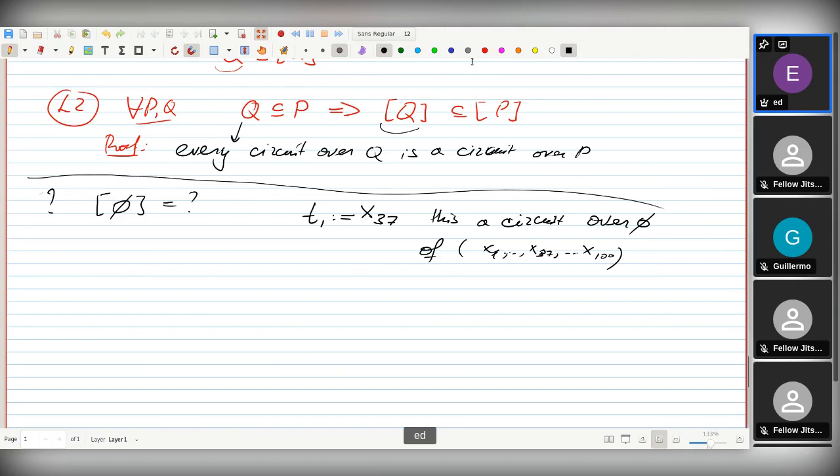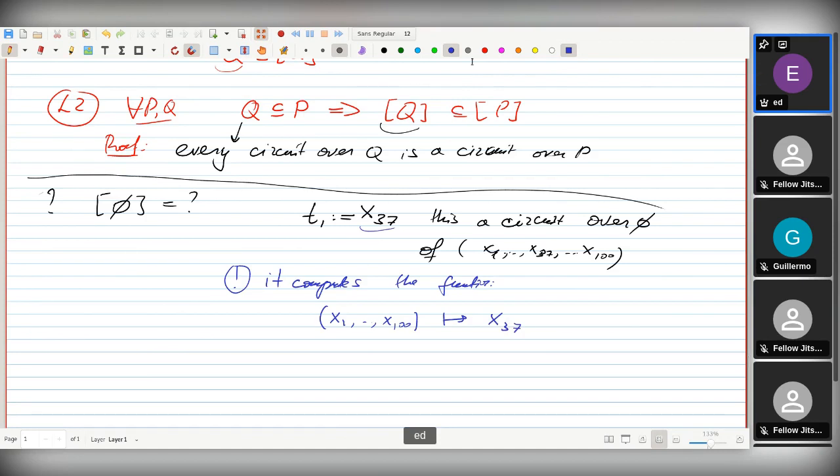Is it clear? Yes. And it computes a function. Which one? The function that maps its 100 arguments to the argument number 37.